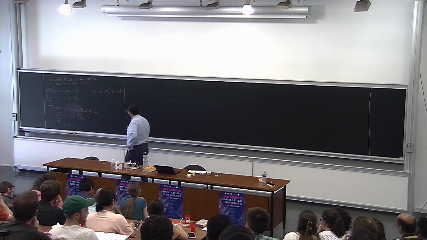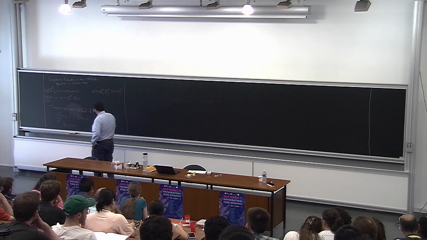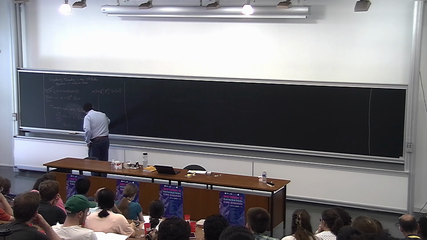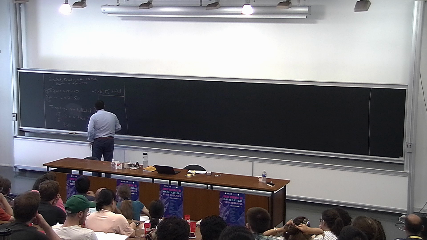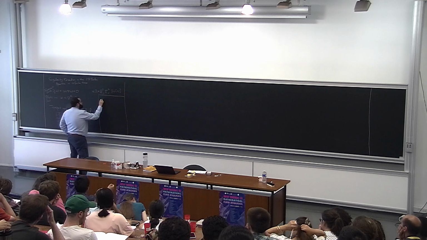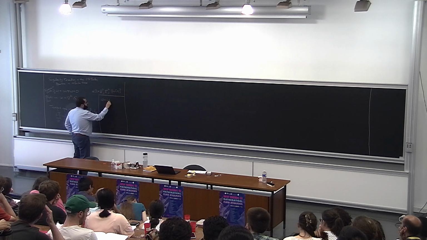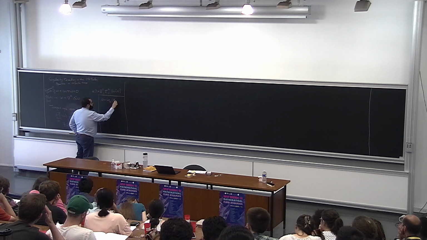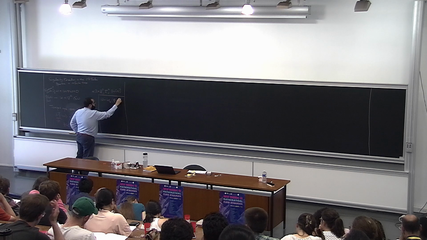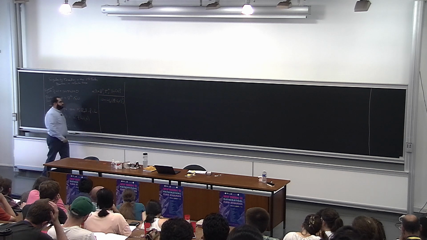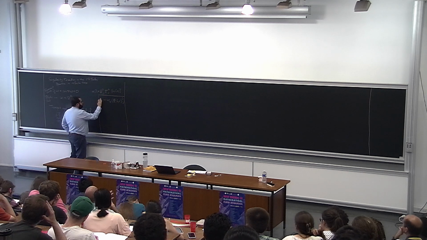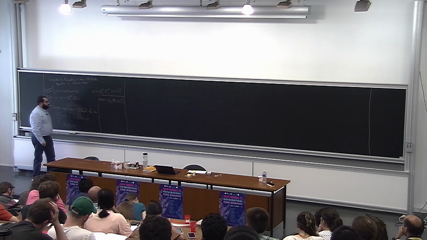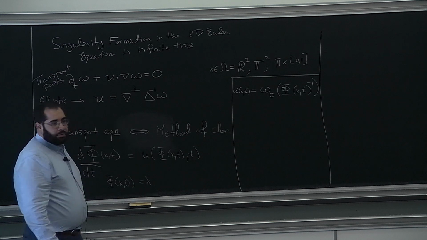The key fact is that omega can then be recovered as just omega 0 composed with the flow map. Is that okay?